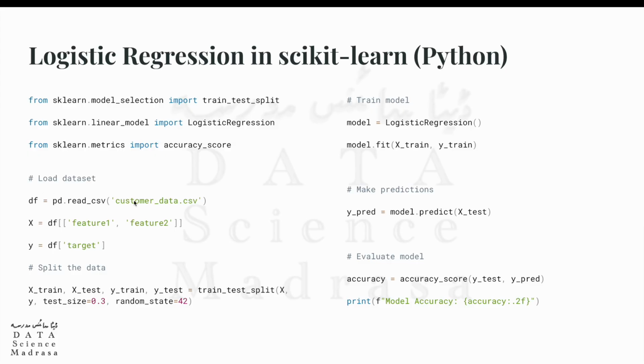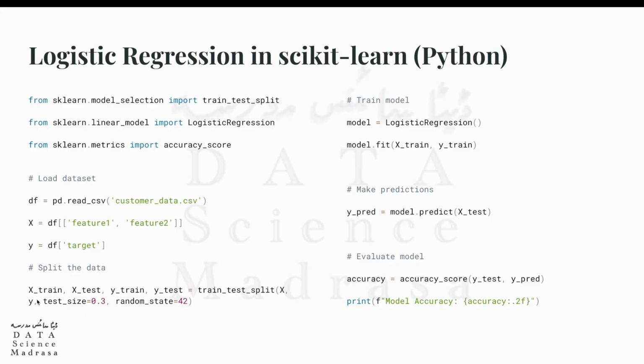We load some arbitrary data set, in this case customer_data.csv, which has two features and some target variable, because this is a classification and it's supervised machine learning. We split our data set, which is in df, by providing both X and y, because in X we have put df's attributes feature 1 and feature 2, and in y we've given the target class.